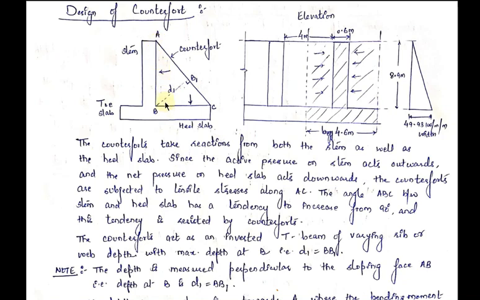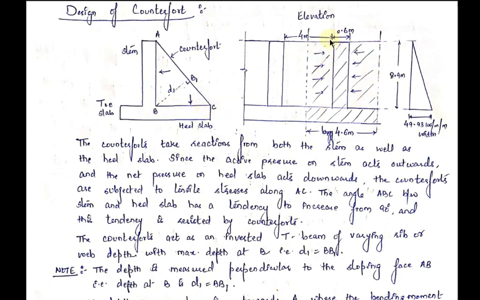As we move away from the fixed support to the free end, the bending moment goes on decreasing. So to design the counterfort, first we will find the maximum bending moment and shear force, which are at the fixed end, that is BC. So first we will find the values along the base of the counterfort.